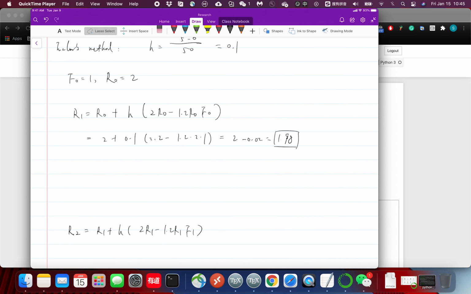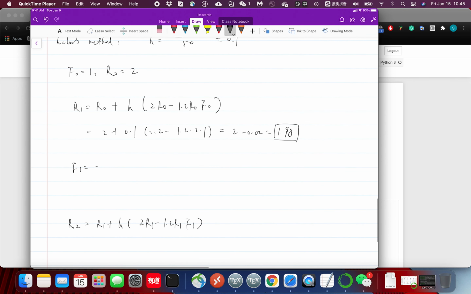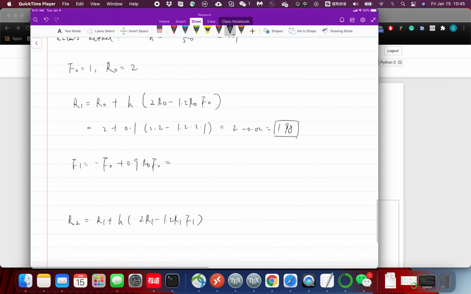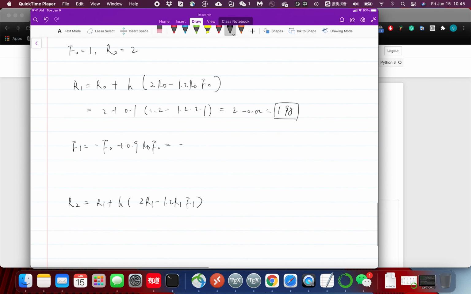So whenever you finish one variable, you need to do the other variable before you can go to the next step of the variable. Therefore F1 is going to be negative F0 plus 0.9 R0 F0 equals negative 1 plus 1.8. Yep, 0.8.